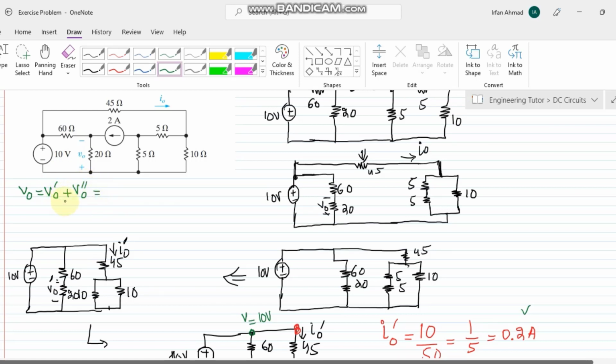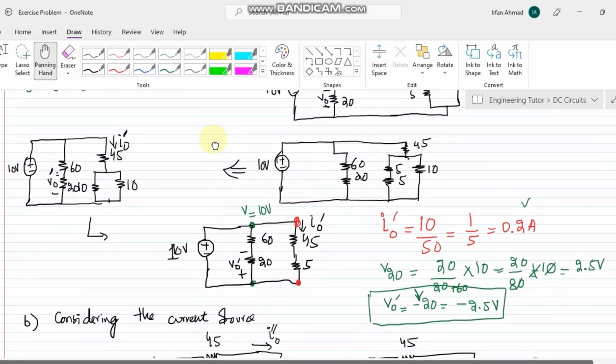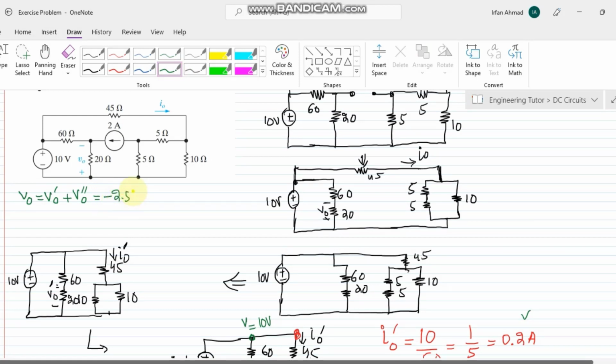So the value of V naught prime was minus 2.5, and similarly the value of V naught double prime was minus 30. Adding them together I will get minus 32.5 volts, and that is the answer of V naught.